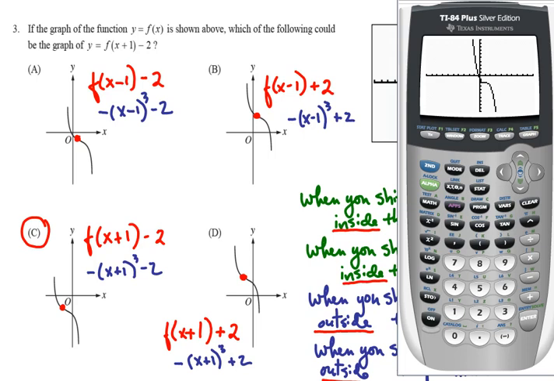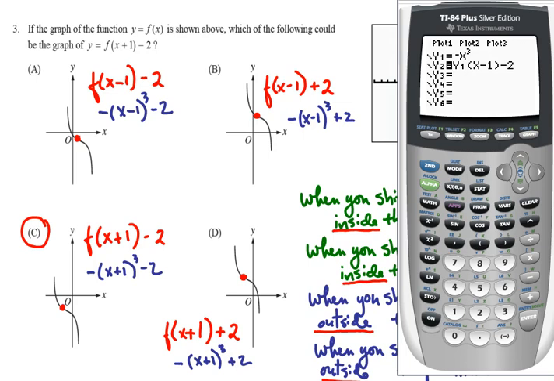So what I did was, instead of using negative x minus 1 quantity cubed minus 2, I left it in functional notation. And if I go back to the function definition, you can see how y1 is kind of like f of x minus 1 minus 2, assuming that f is defined as negative x cubed.